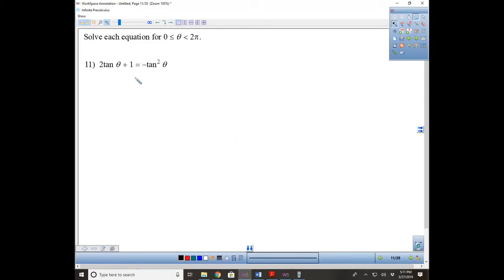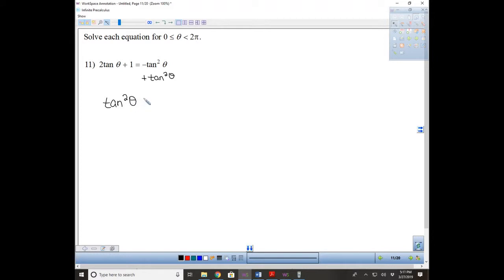All right, number 11. So I see that I have the tangent here that has a power of 1, and I have a number without a tangent, and then I have a tangent squared. So that leads me to believe that I have a trinomial that I'm going to have to factor, just like in algebra 2.